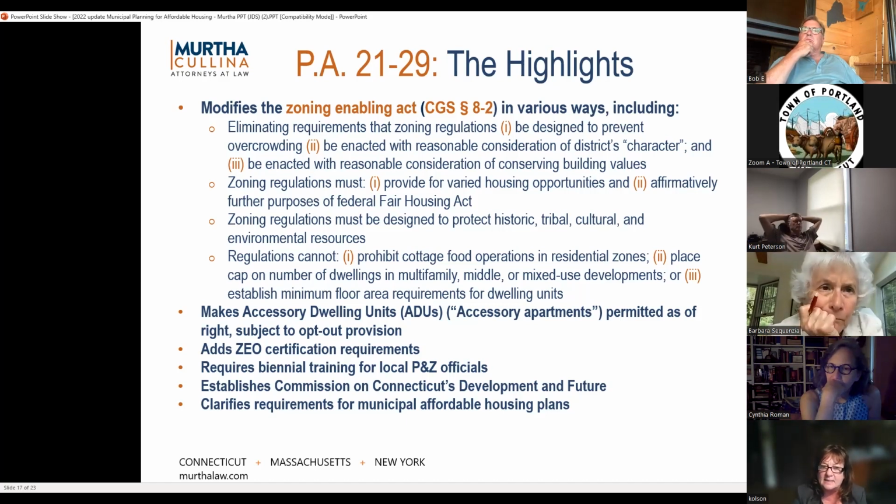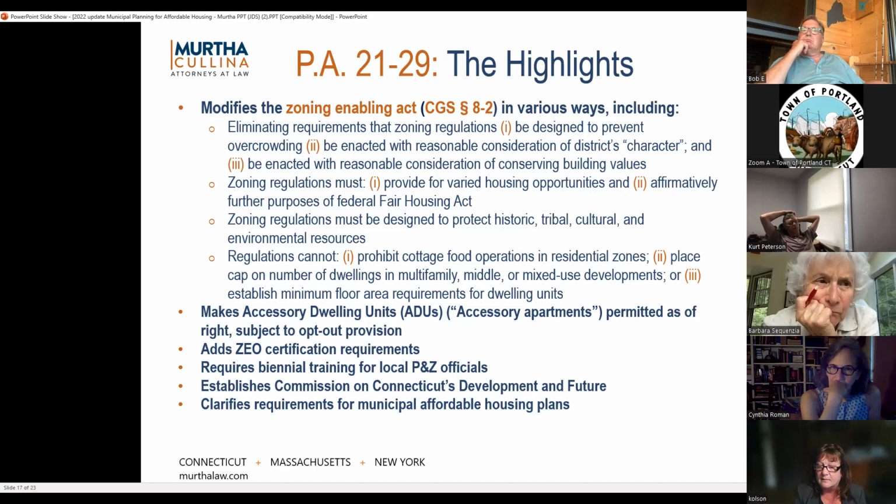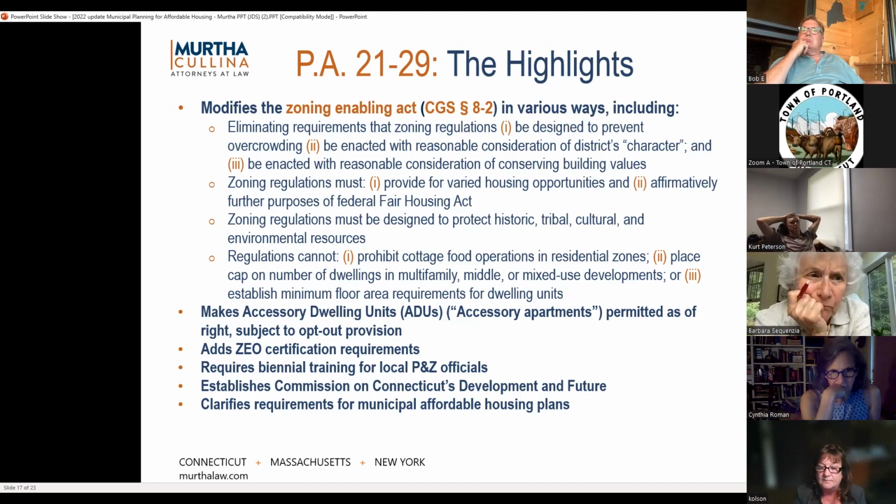It also makes accessory dwelling units permitted as of right, subject to opt-out provisions. And I had a discussion with Dan, and my understanding is you have not opted out of the changes brought about by Public Act 21-29. So you are now subject to them. And what that means is they trump. So even if your regulations still say these things, it doesn't matter.